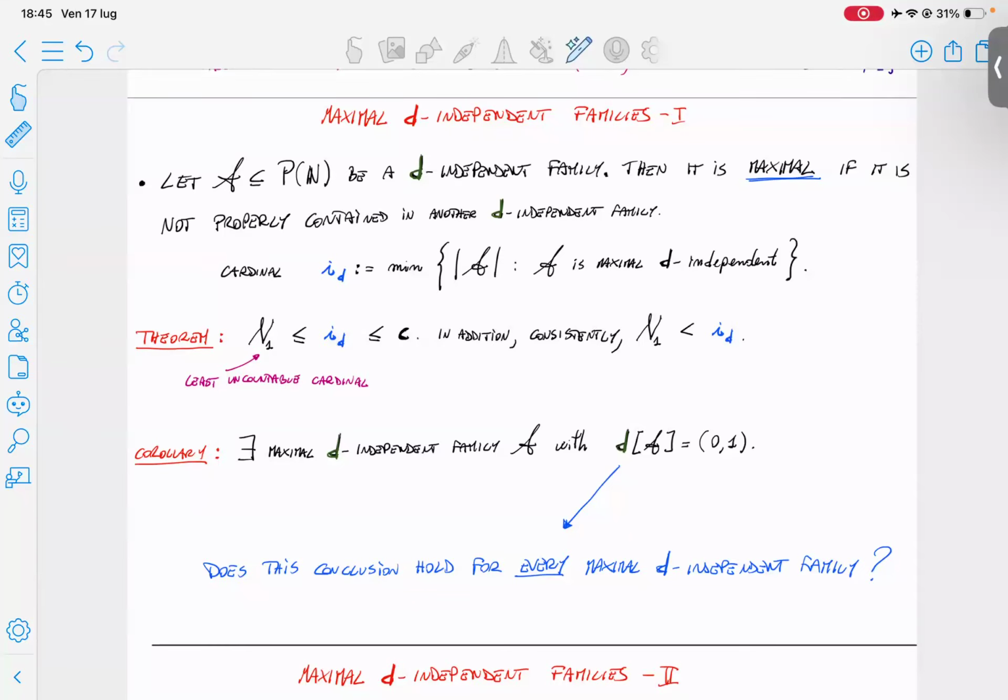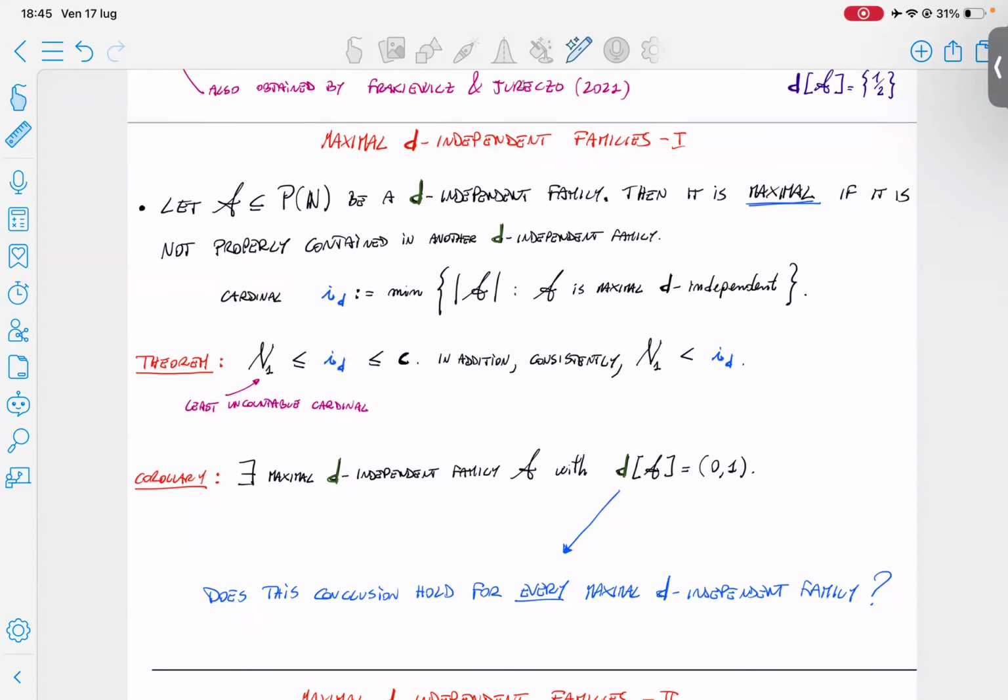Second theorem. Of course, before we read the theorem, a maximal D-independent family exists because if you take an arbitrary D-independent family, maximal or not, then you can extend it to a maximal D-independent family just using the third lemma.